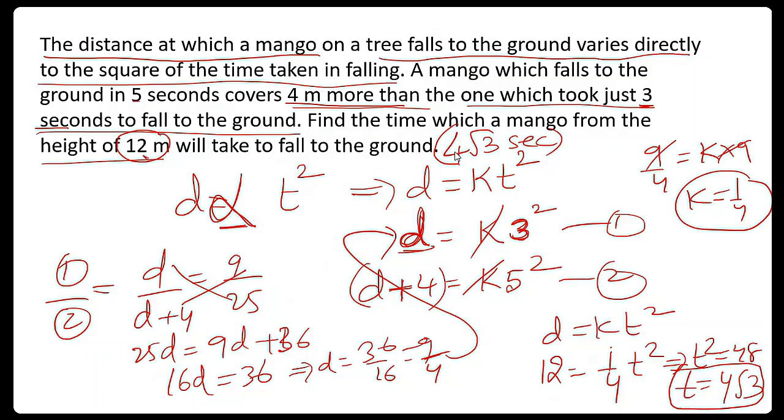Okay, Leela Pawan Kumar Verma has also got 4 root 3. Those who got 4 root 3, somehow you found it difficult to write your answer in the chat box. I know it's not easy to write 4 root 3 in the chat box. Anyway, this is the answer I got. If any of you need repetition, let me know.